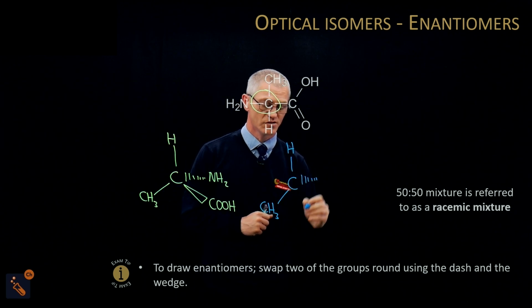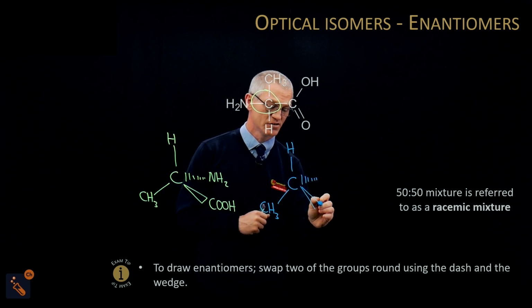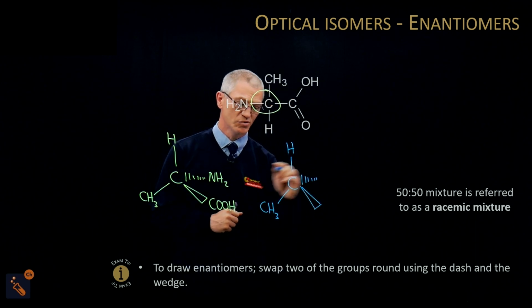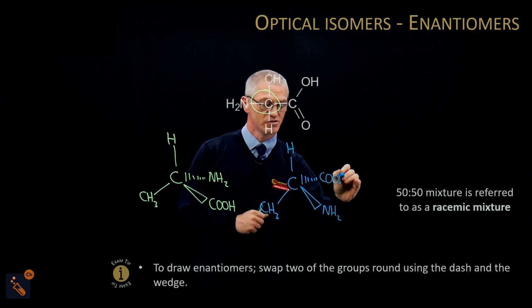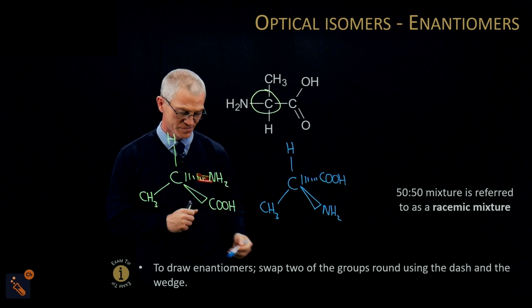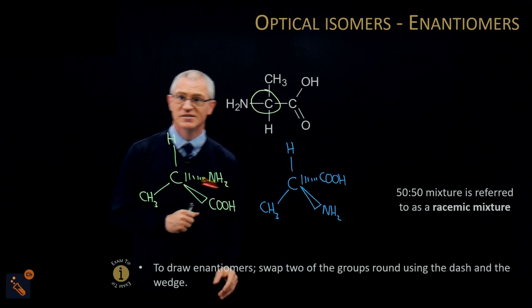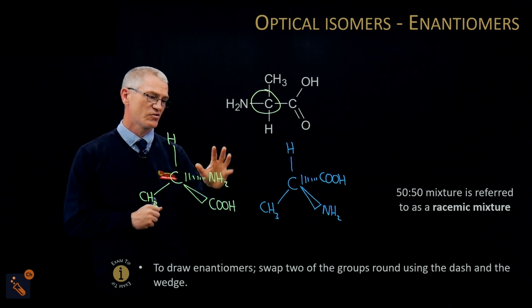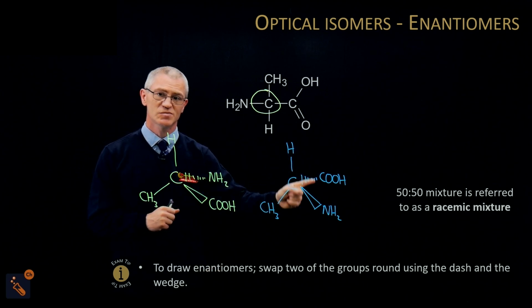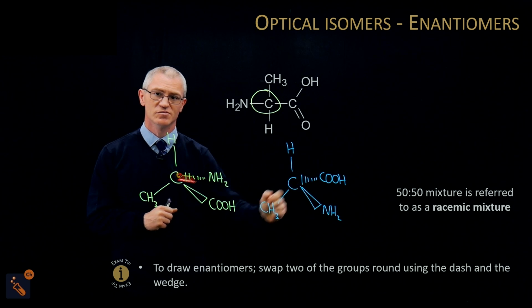So there's my dash, and here is my wedge, and I'm going to put the NH2 down here, and I'm going to put my COOH there. So what I've done is, without actually drawing the mirror image, I've created two mirror images just by swapping those two groups around.